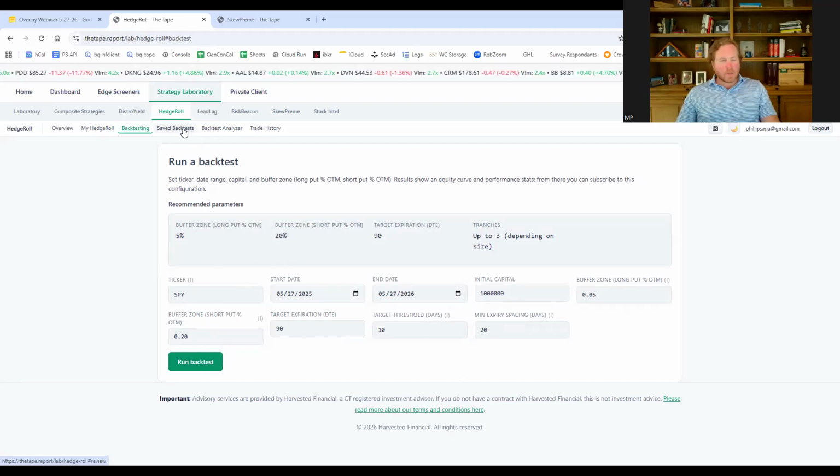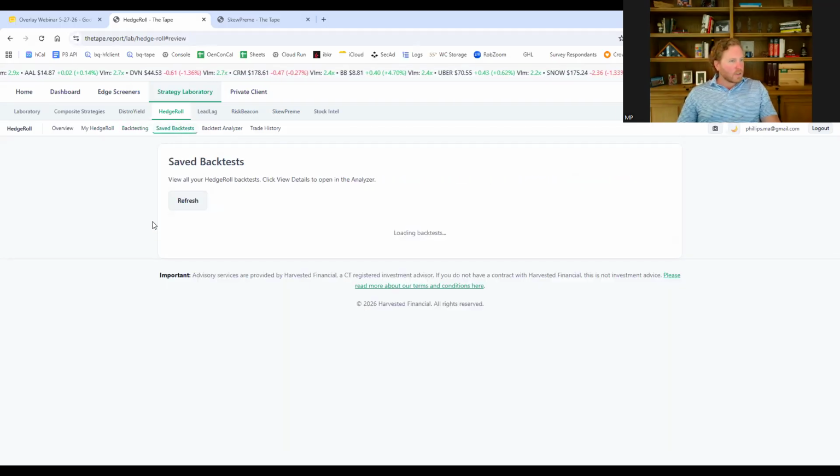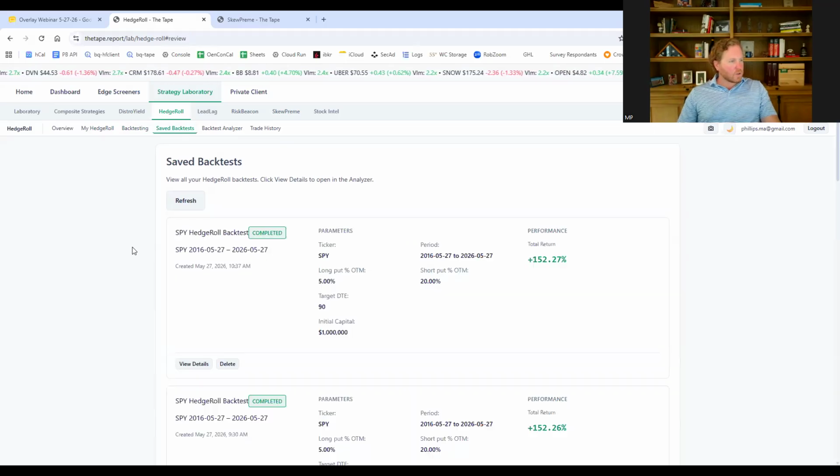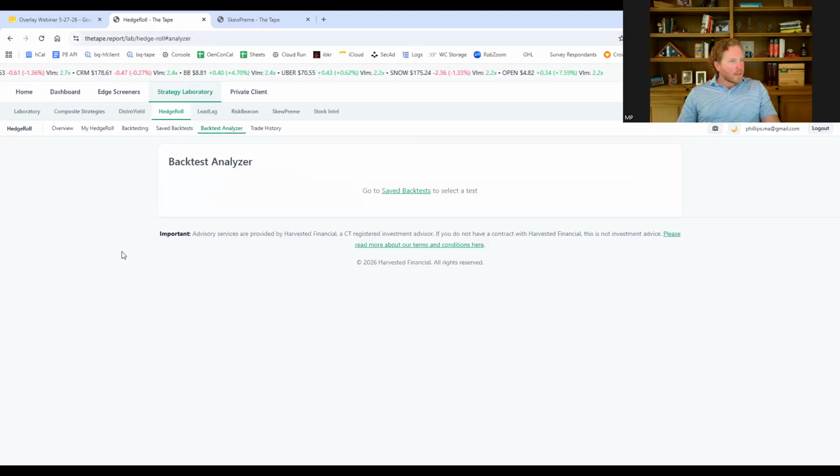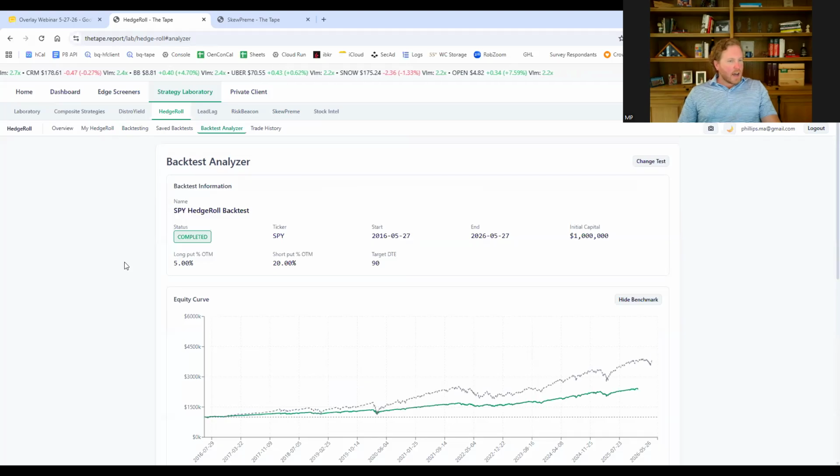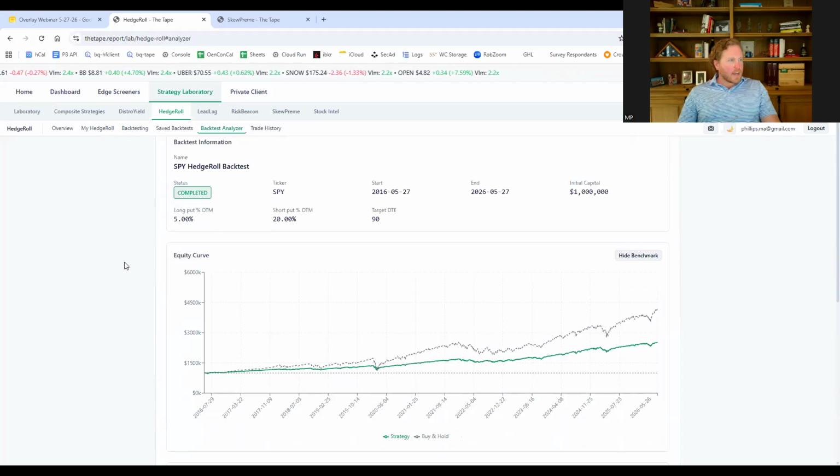That generally takes somewhere between 2 and 3 minutes, 5 minutes on the outer side. I continue to work on performance improvements there. But we will take a look at some of the saved back tests that I have here for hedge rolls. So this is a standard SPY hedge roll.